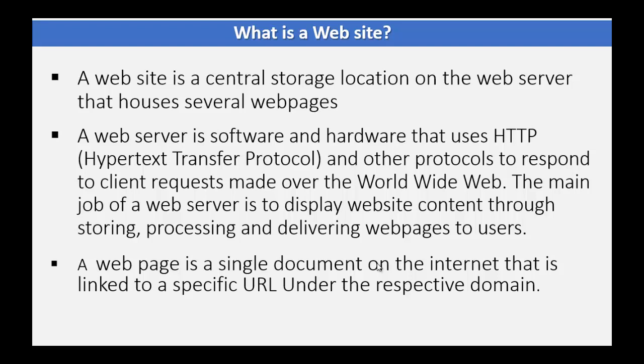The web server now takes those codes and returns them to the client browser as images, as pictures, and as the data that were actually written and stored on the web server.